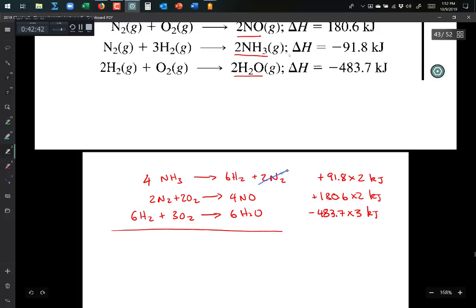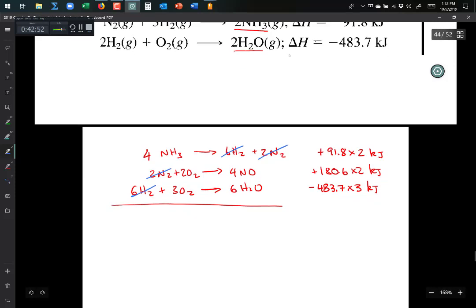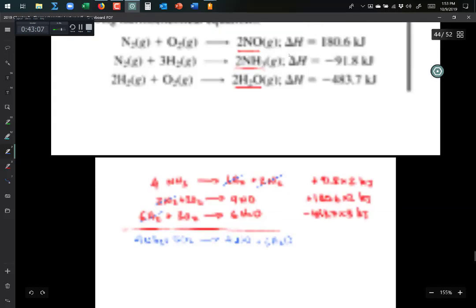The 2 N2s? Cool. 6 H2s. That's it. So what I'm left with, 4 NH3s plus 5 O2s, gas, right, makes 4 NOs plus 6 H2Os. And then we compare that to what we were told to find.